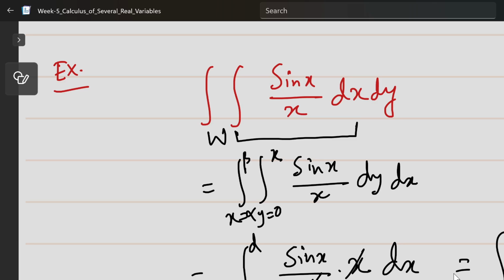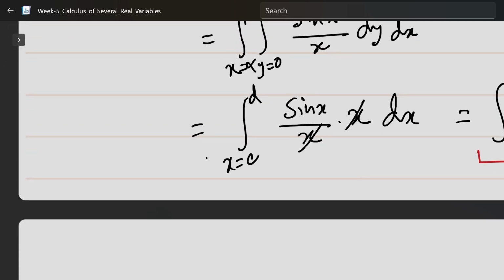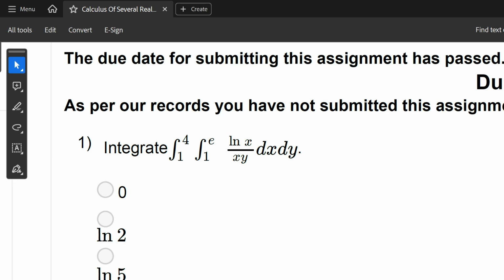So I'll move to the first question, that I already showed, but I'll show it again. Suppose you have to integrate this ln x by x into y. So what you have to do? Do you want to do it directly or change the order of integration? Tell me. Or both is fine? Any idea?